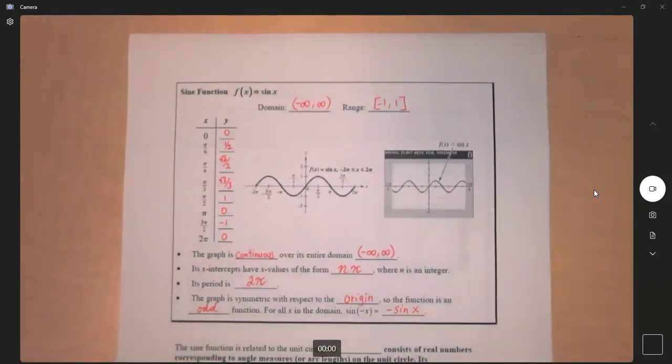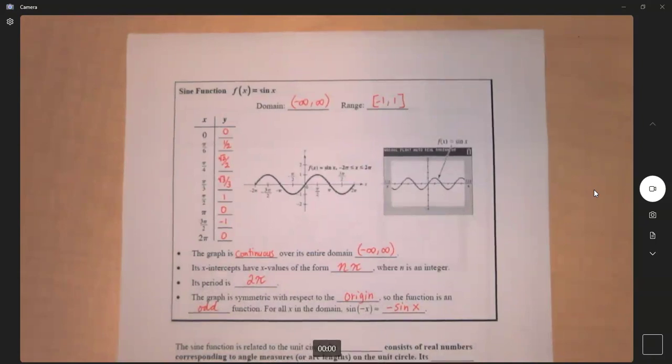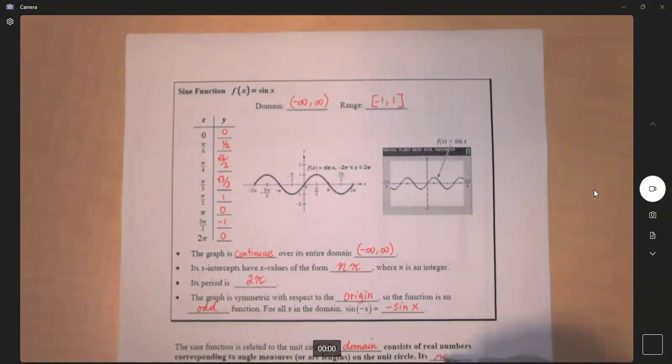Okay. And remember, this sine function is related to the unit circle. So its domain consists of real numbers corresponding to the angle measure in the unit circle, and its range corresponds to the y coordinate on the unit circle.